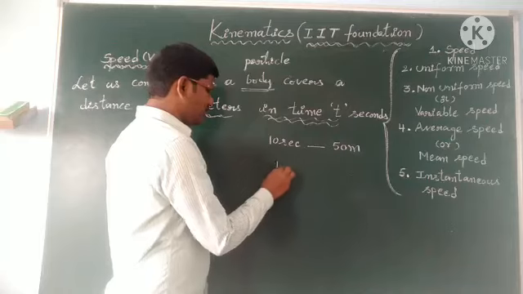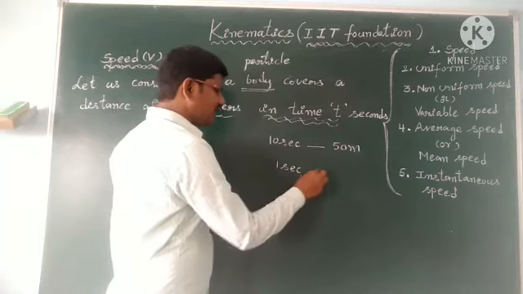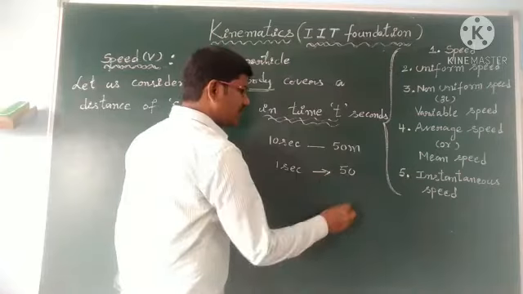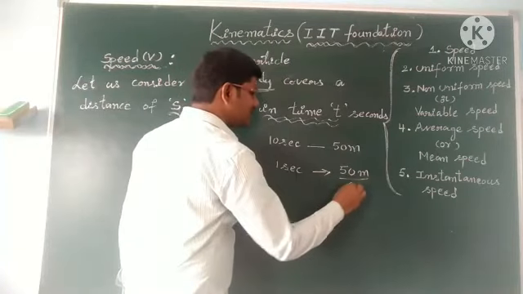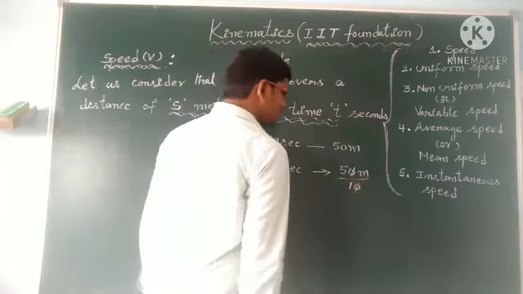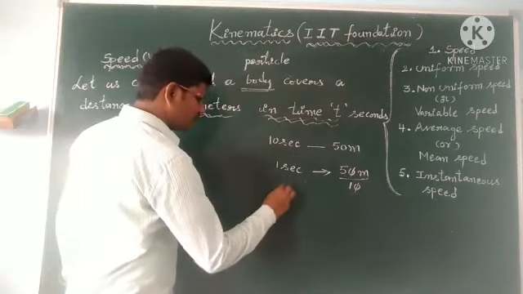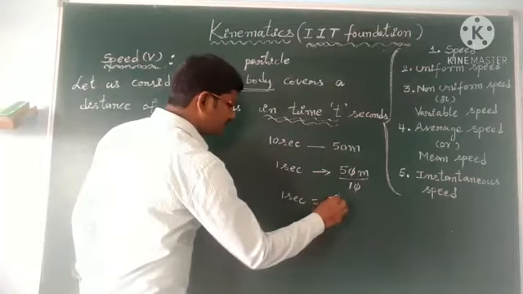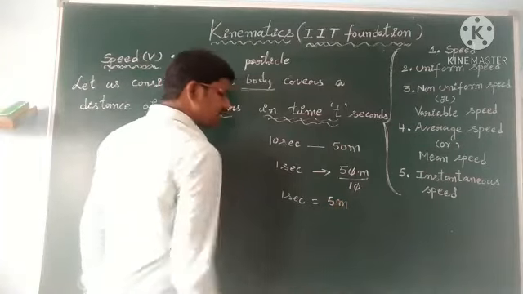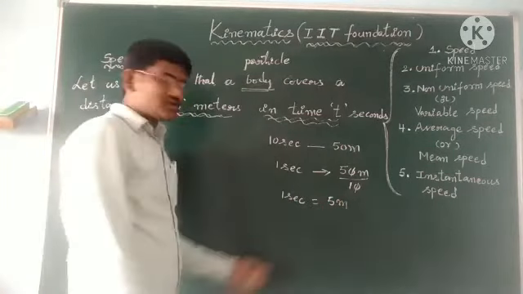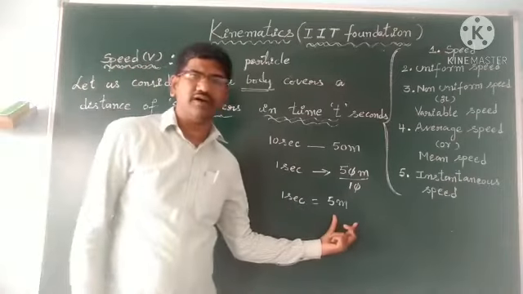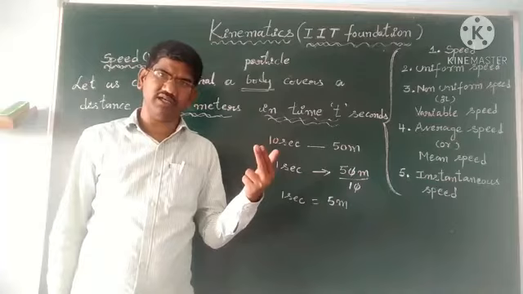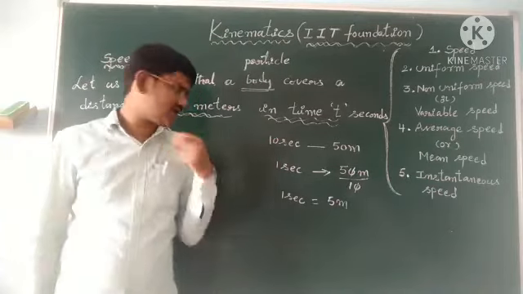Then in 1 second, how much distance he covered we want to know. We write 50 meters by 10. This gets cancelled, so in 1 second he covers 5 meters. Means in 2 seconds he can cover 10 meters, in 3 seconds 15 meters.